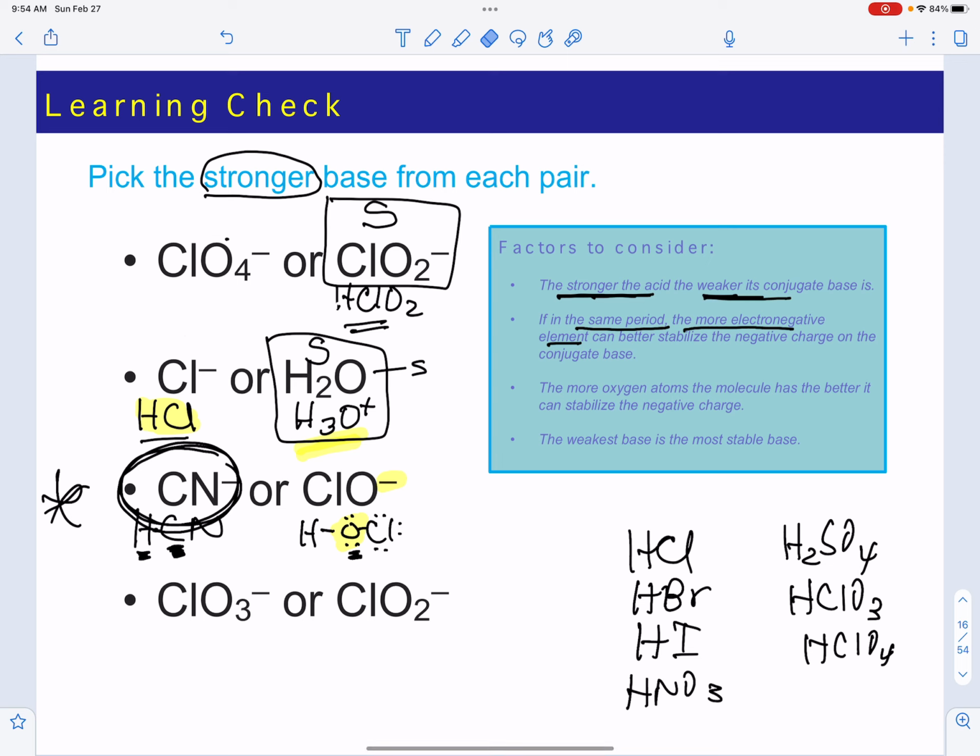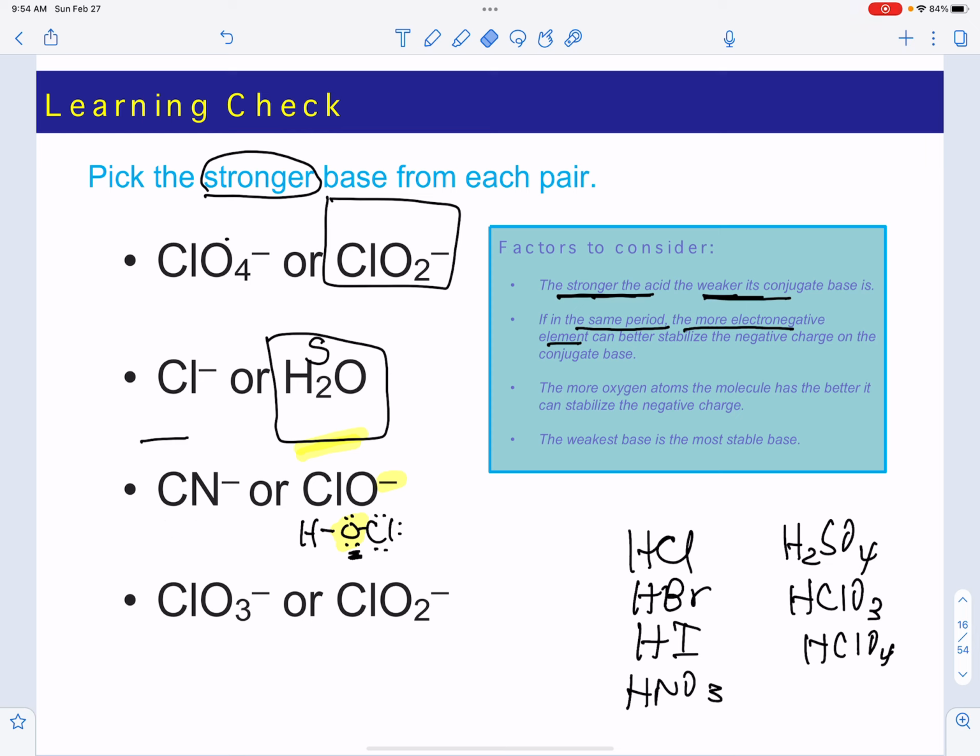Clear this a little bit. So far we have our 3 stronger bases. So let's do this one once more. The Lewis structure is going to be something like this, which means the hydrogen is attached to carbon, and in this case, the hydrogen is attached to oxygen.